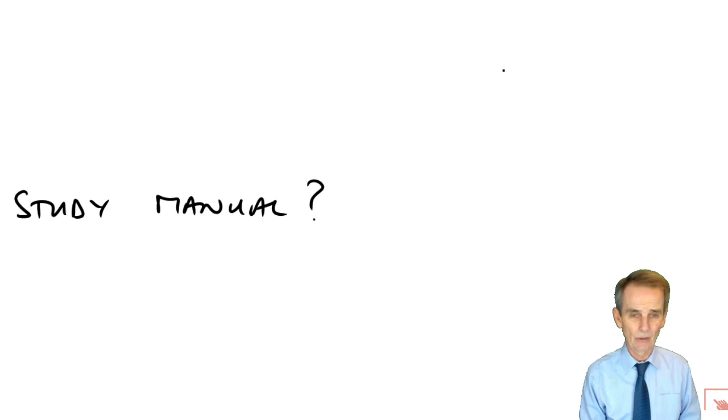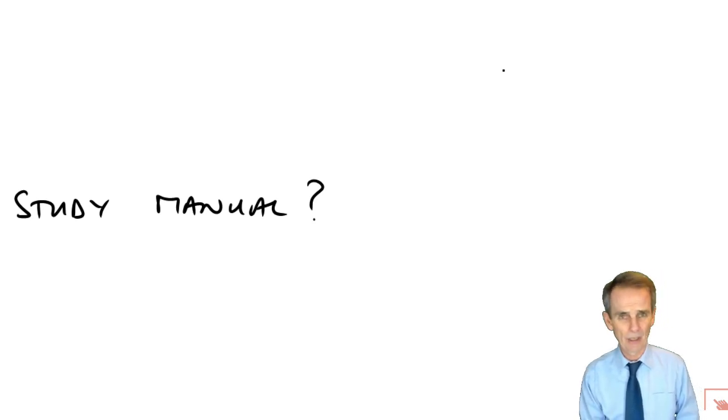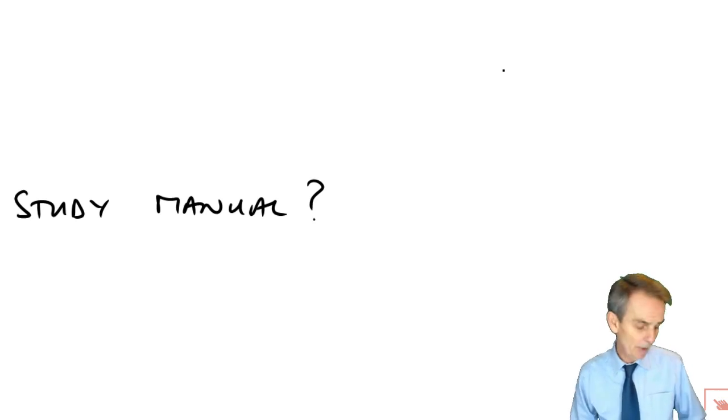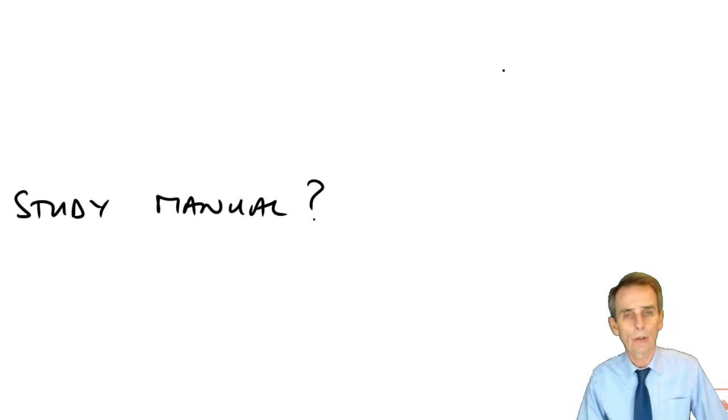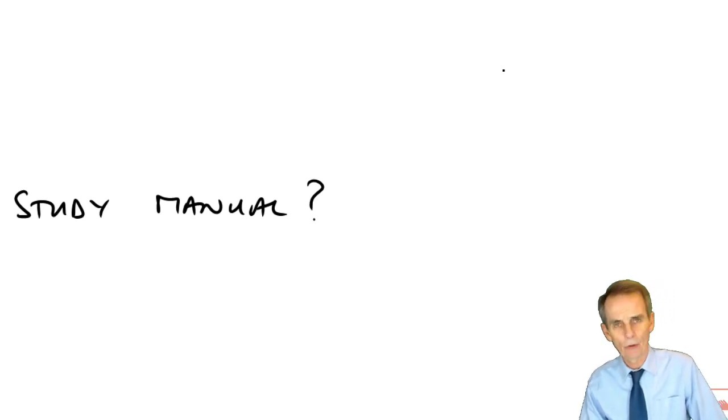Some of those are very fine points of detail, and no one is going to be able to get every one of those questions right. But as you go through those questions, you come across an exam kit question and you think, well, I haven't seen this. Then you've got a study manual to refer to.